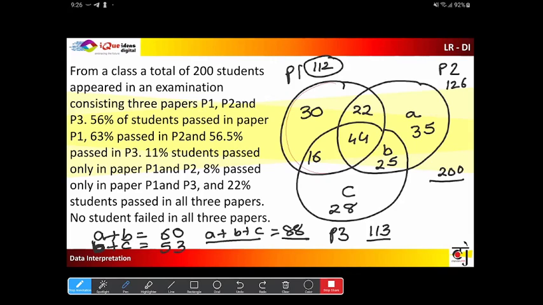Did everybody understand this part? Venn diagram नहीं भी आता हो तो this is easy to understand, right?